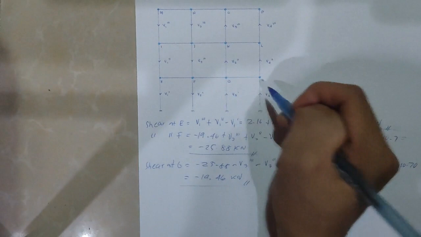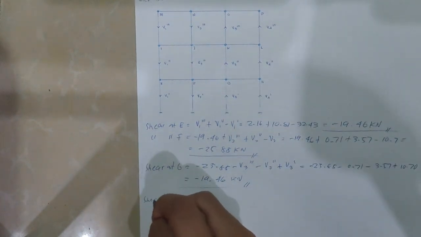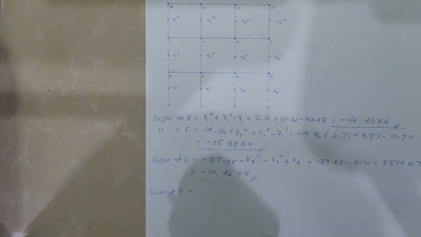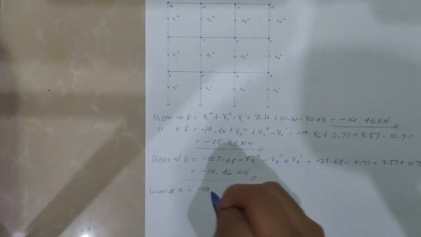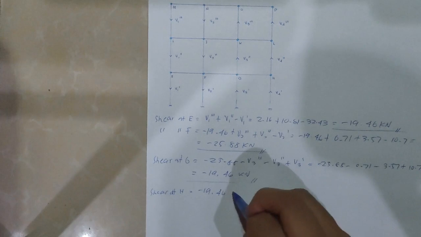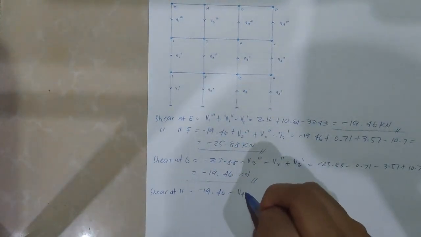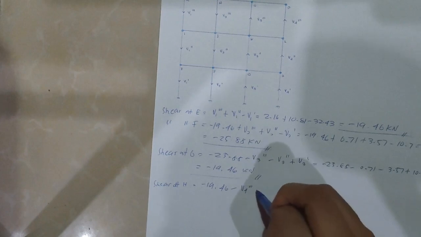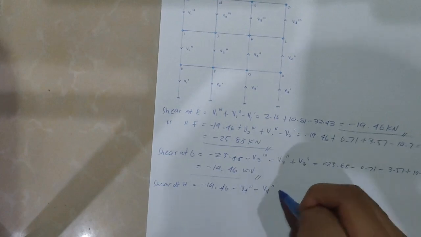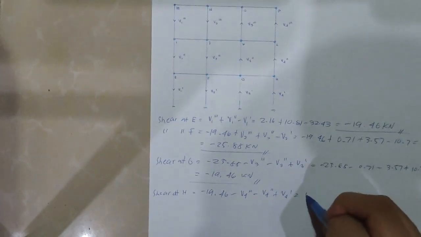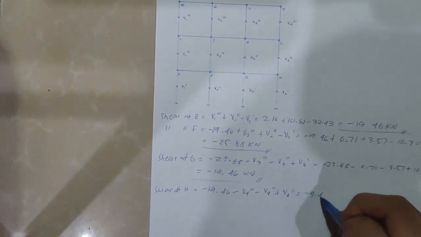So next is H. At H, copy, same process: minus V4 of the third floor, minus V4 of the second floor, plus V4 of the first floor, equals negative 19.46.